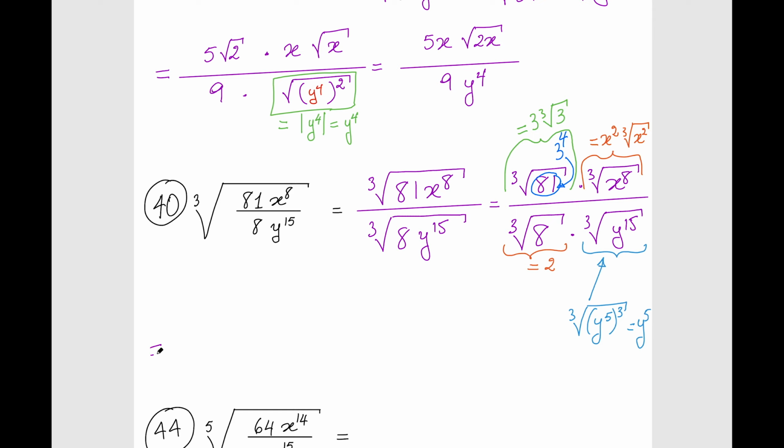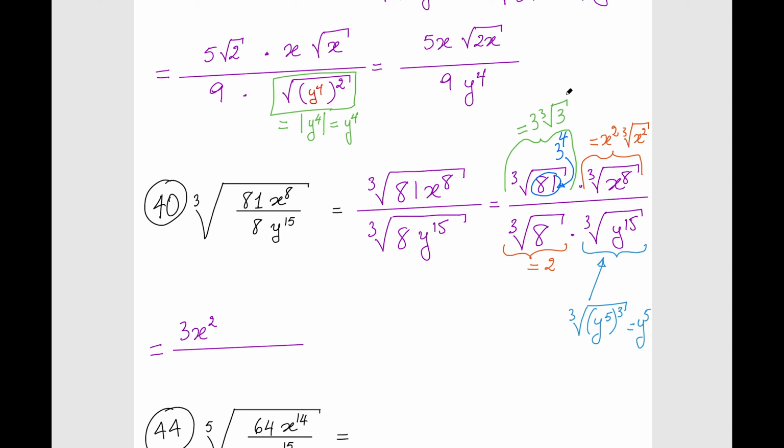So this is then, at the end of the day, the green part, which is 3 cube root of 3. Actually, let's do it quickly. So this part is 3 cube root of 3, and this part is x squared cube root of x squared. So it's 3 times x squared. These guys don't have umbrellas.